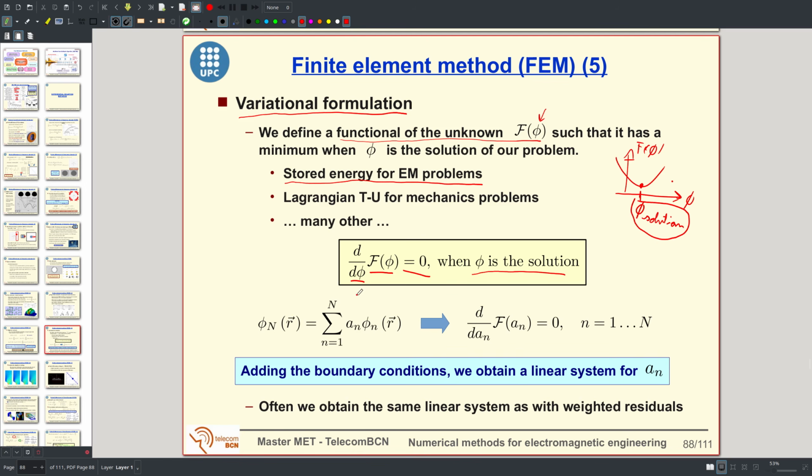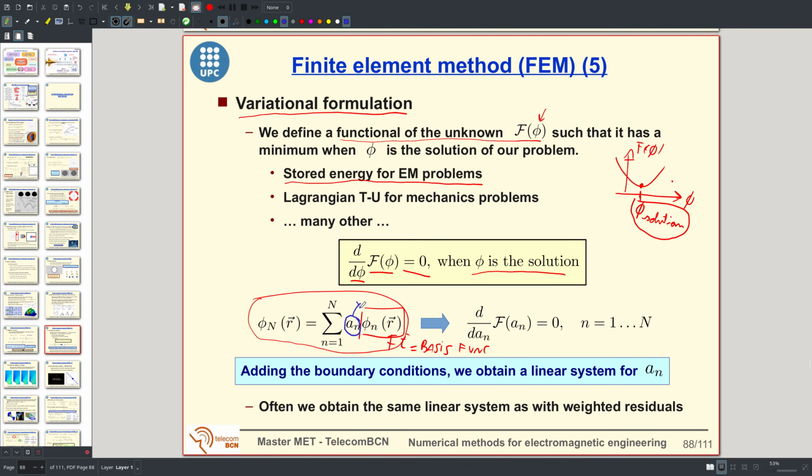To do this, we discretize the unknown as a linear combination of the finite elements. These are the finite elements, or the basis functions in the context of the method of moments, and then our unknowns become the coefficients of the linear combination.